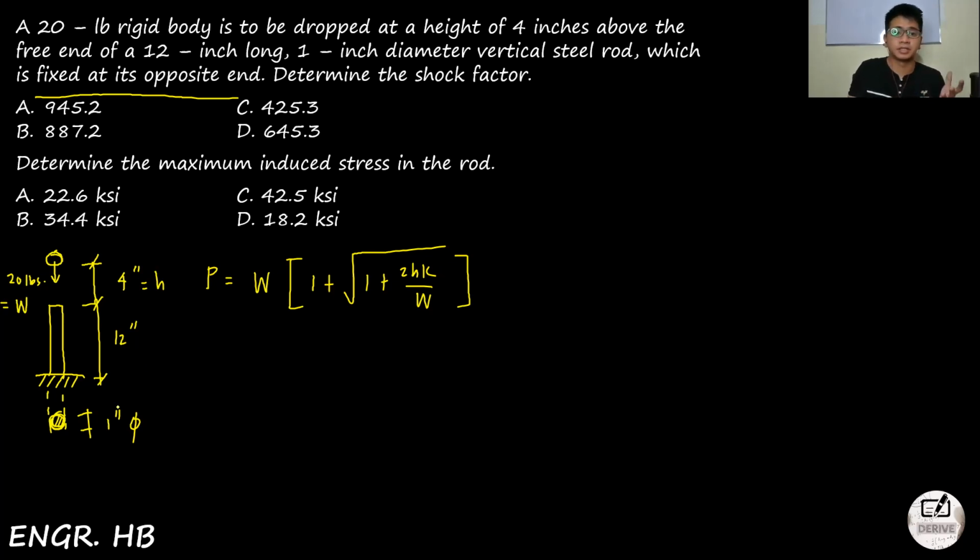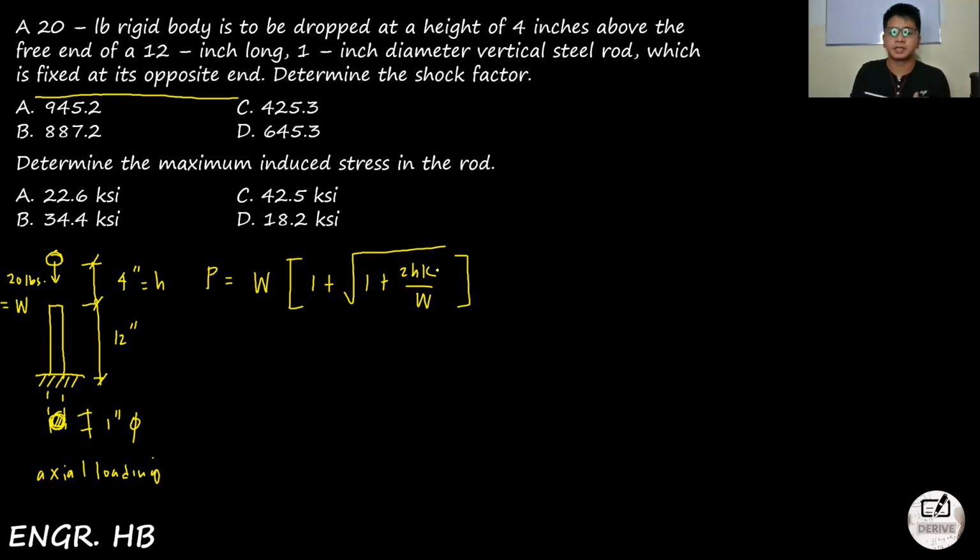Dito, the vertical steel rod is fixed at its opposite end, so this is an axial loading. At syempre, meron naman tayong mga bending na scenario, which is yung formula ay nandun sa Facebook page natin, kasi ang purpose lang naman ng video na ito is to review for the board exam. Itong W ulit, ito yung babagsak na timbang.